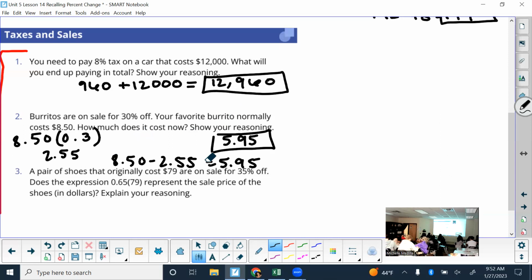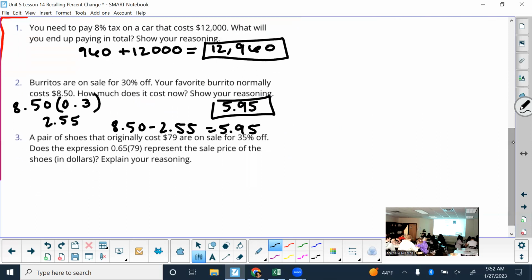All right, so when it asks for reasoning, either show work or write a few sentences. I think showing work is sufficient enough. Table 6. A pair of shoes that originally cost $79 are on sale for 35% off. Does this expression 0.65 times 79 represent the sale price of the shoes?